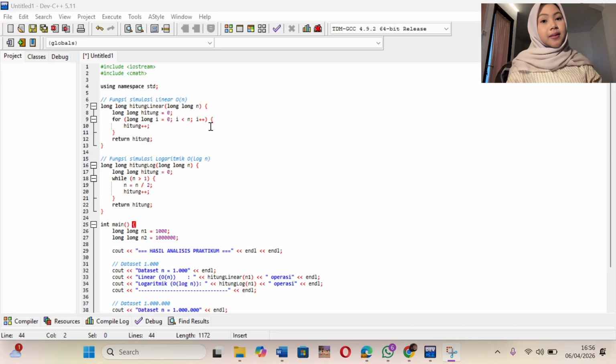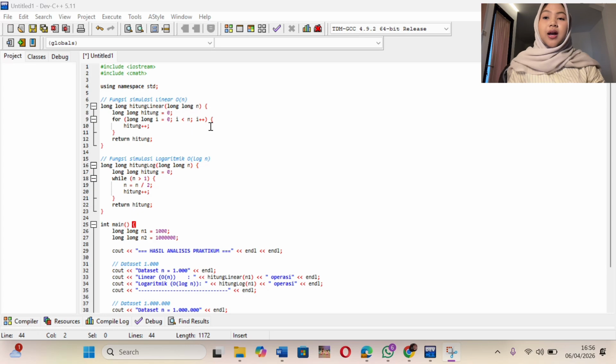Now let's look at the main function and its output. The program tests two data set sizes, 1000 and 10,000.